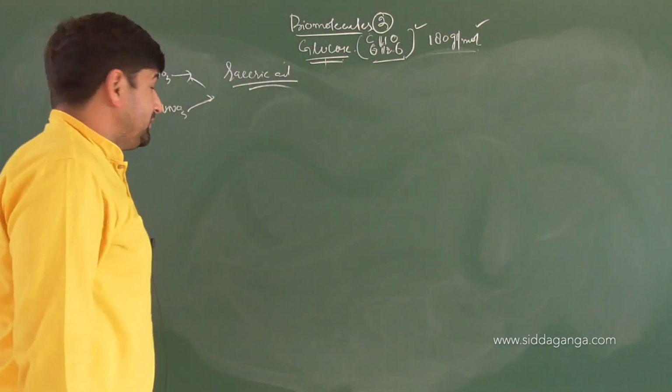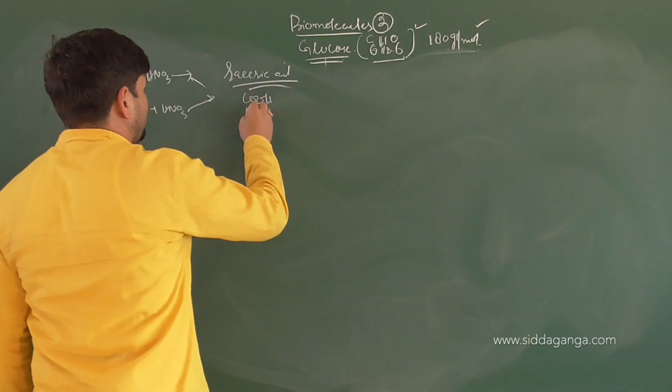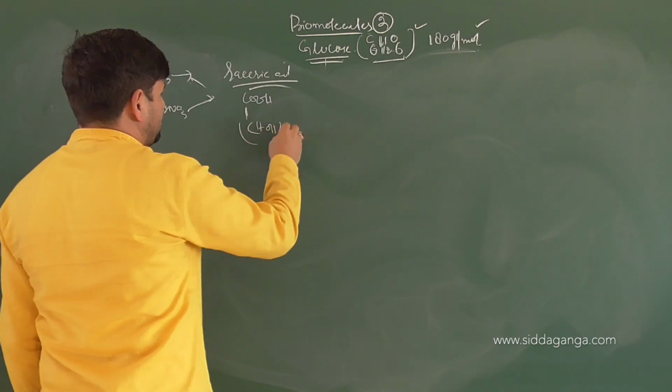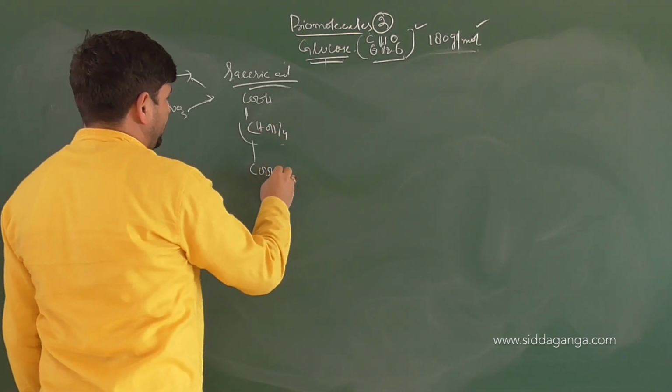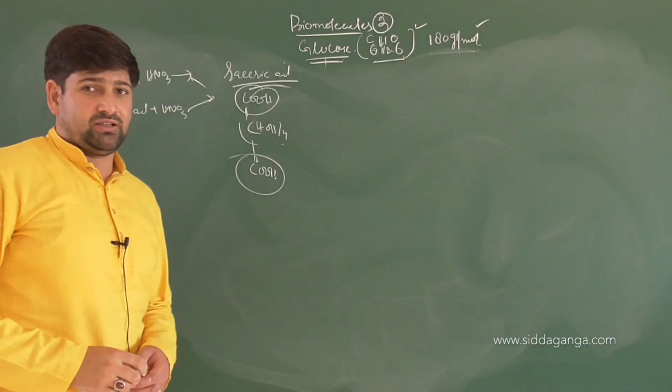What are you getting? So you are getting saccharic acid, and what's that? COOH. Then you are getting CHOH 4 times. Then again you are getting COOH. So at 2 ends there will be the reaction of carboxylic acid formation coming into play.